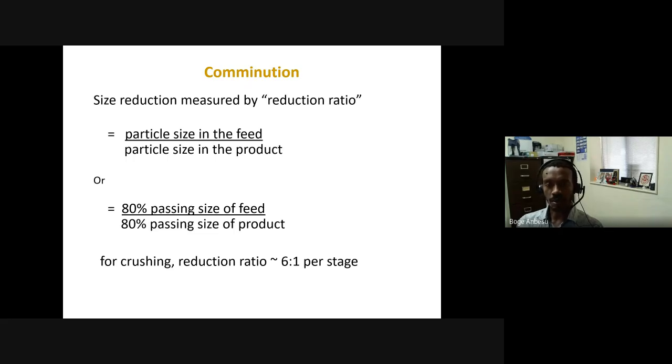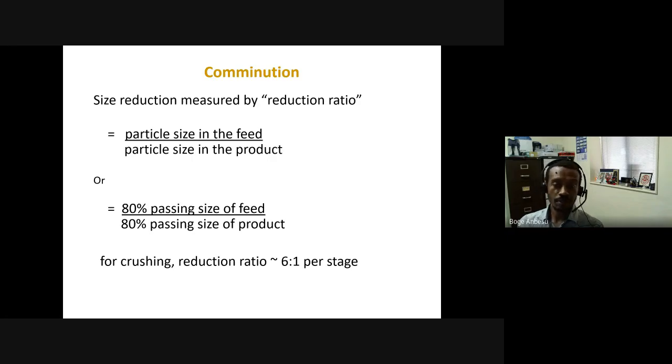When we discussed particle size distribution analysis, I told you for a given sample, you can do, for example, sieve analysis. From sieve analysis, you can use a number of different sieves in your assessment, and you can determine the 80% passing size.